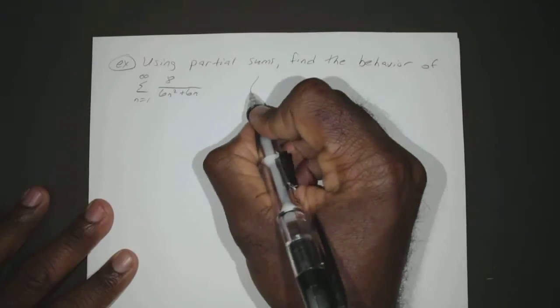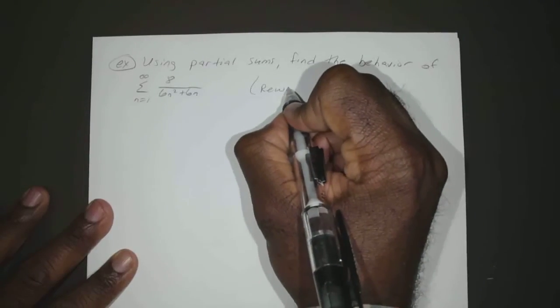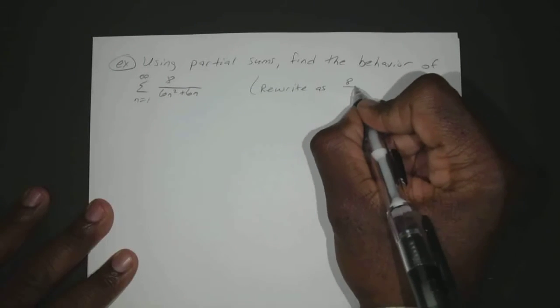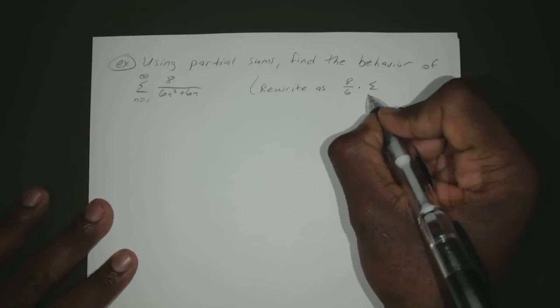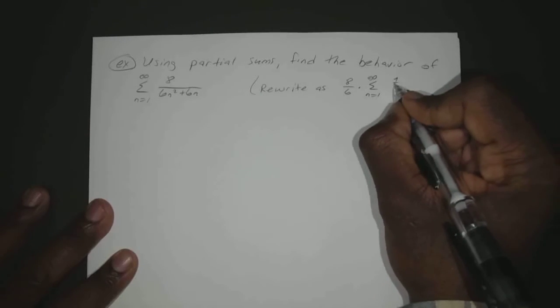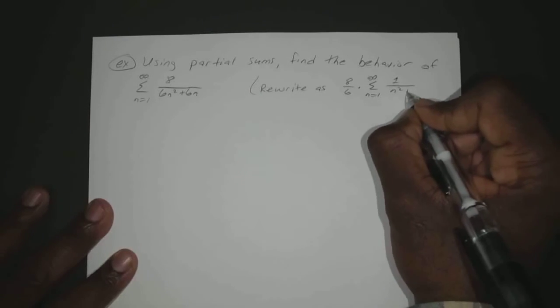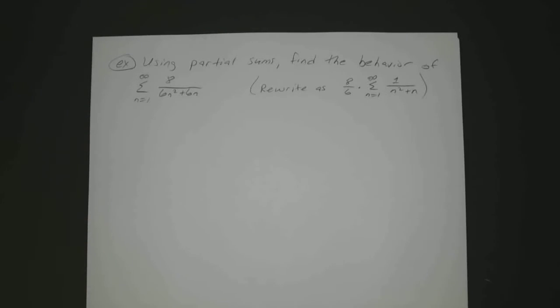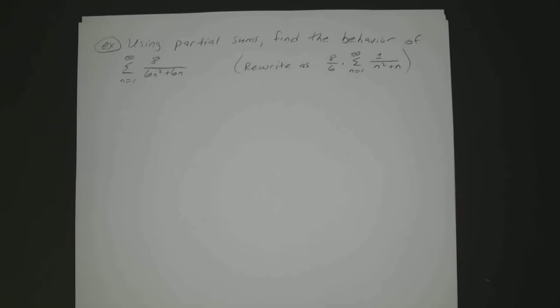And if you wanted to for this one, you could rewrite it as 8 over 6 times the sum of n equals 1 to infinity of 1 over n squared plus n. All right, and I'll give you a few minutes to start on this one.